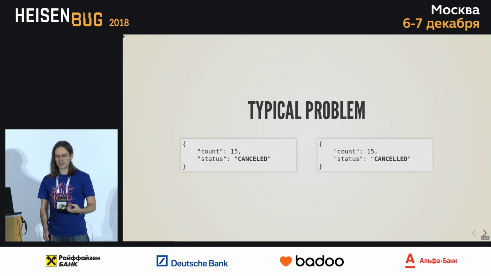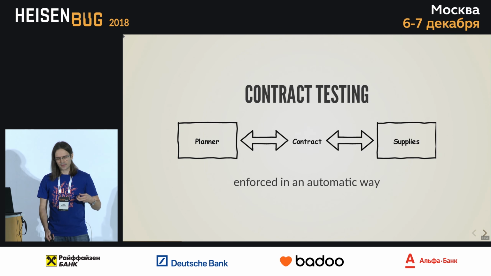What is right, what is wrong, and then both teams have tests created automatically. We don't want those teams to invent their own tests. We want this single source of truth to dictate how to test. And we will call this single source of truth a contract between those services.